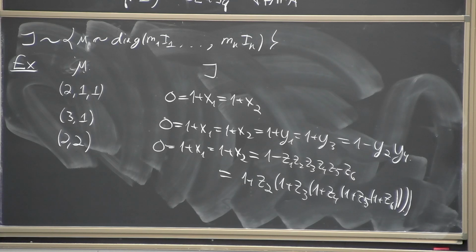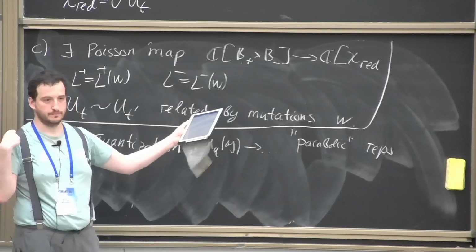So in the sense, it gives you some representation of the quantum group. And this is some sort of parabolic representations, like the ones constructed originally for principal series. And here you already see some parabolic structure in the very definition.